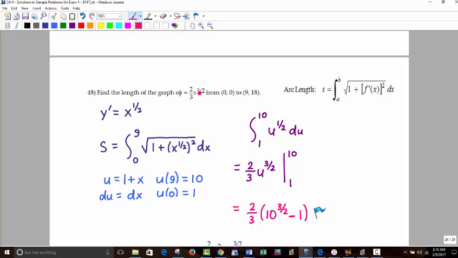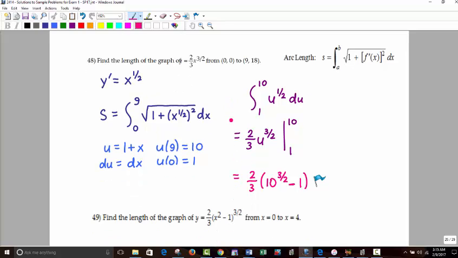And so the derivative of that, 3/2 cancels 2/3, you'll be left with x to the 1/2. So then the integral will be from 0 to 9 of 1 plus the derivative squared. So it's 1 plus x to the 1/2 squared, so that's just 1 plus x. So this is just a basic integral, whether you do it numerically or whatever.